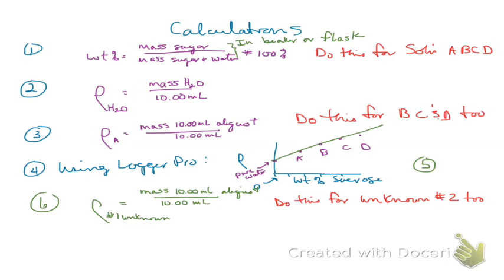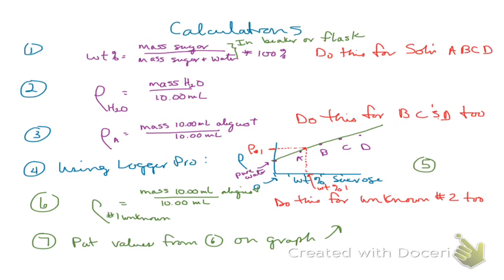You're going to find the density on here and then see where it intersects with your calibration curve and come down and knock off the weight percent. That's the coup de grace of this lab: what is the weight percent in unknown 1 and unknown 2? So here I found a density for number 1. I came across, saw where it intersected with my calibration curve, came down here, that's the weight percent.